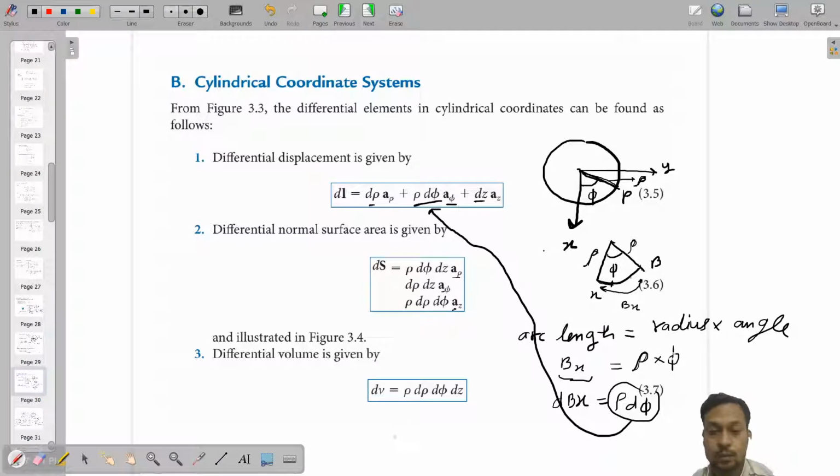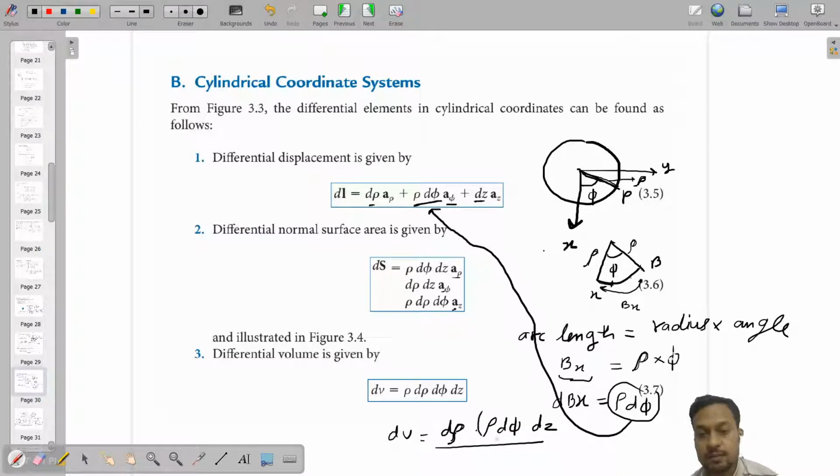Now the differential volume in the cylindrical coordinate system can be given by the product of the differential length for rho, the differential arc length rho d phi, and the differential length along the z direction.